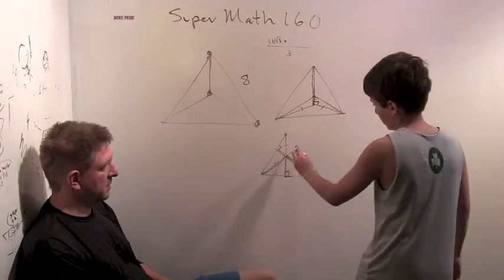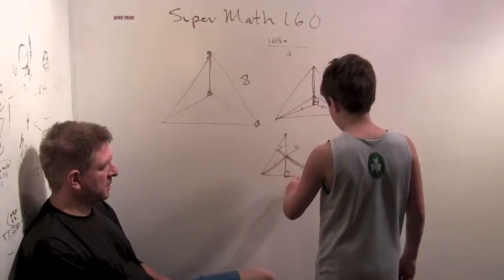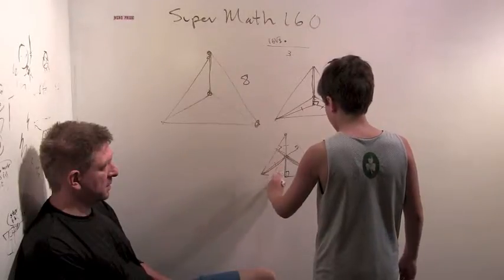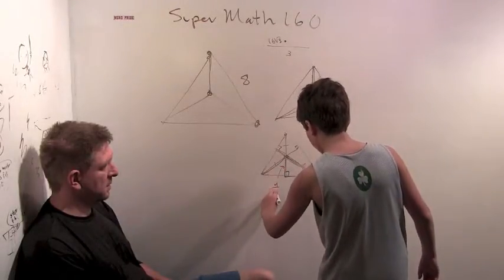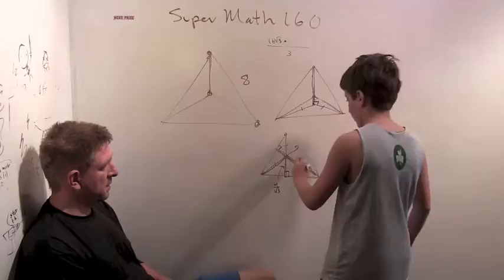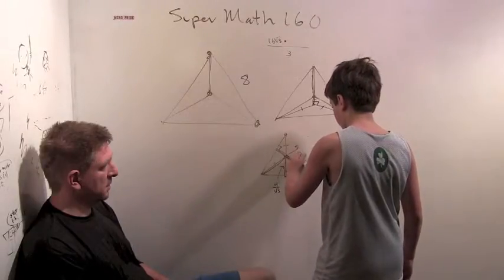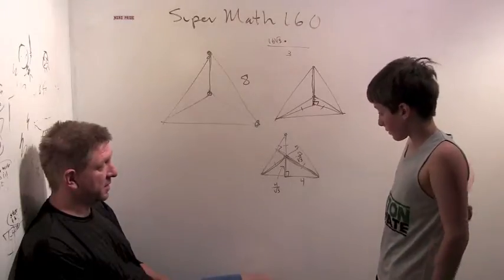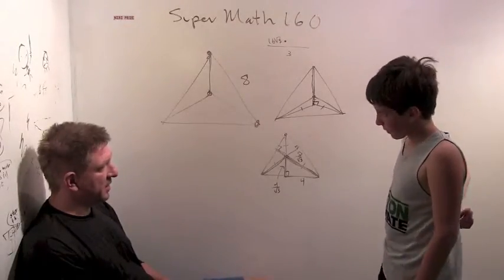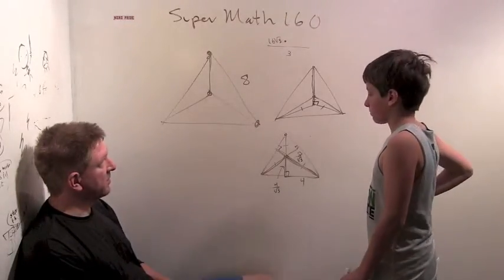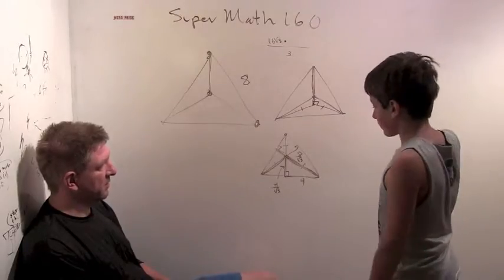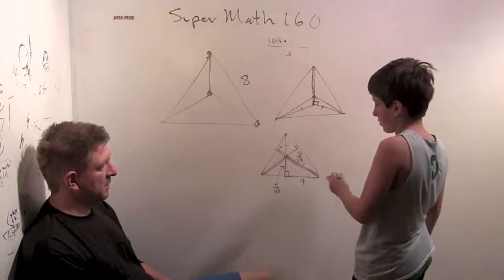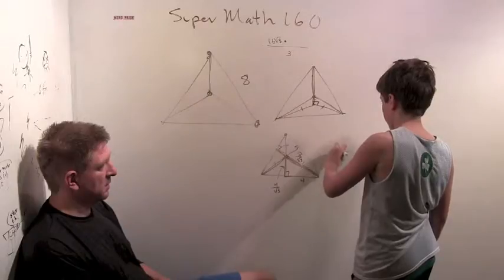Since this splits the side in half, this is 4. This side is 4/√3. And this side is 8/√3, because it's a 30, 60, 90 triangle. Just leave it as 8/√3 for now, because I want to save a little time.